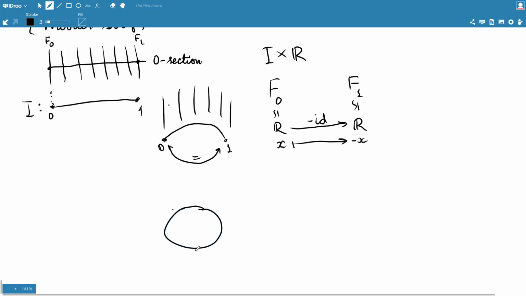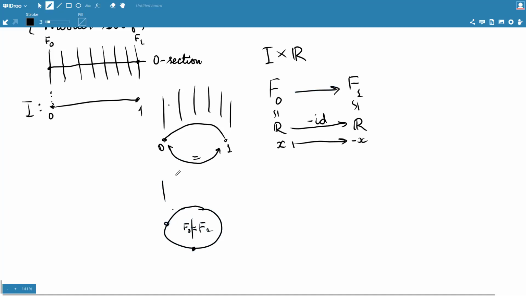And over S1, you have to identify the fibers F0 with F1. This is the way they are identified.